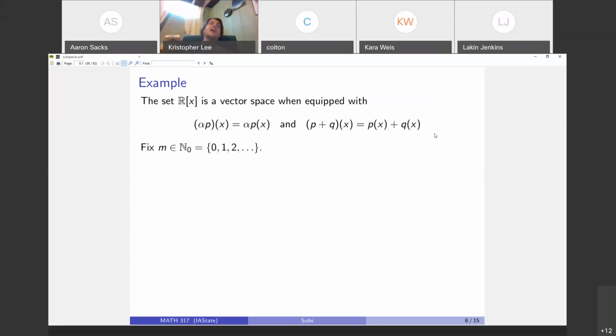Now, let's fix a number m that is an integer, 0, 1, 2, 3, and so on. In other words, the natural numbers including 0. We'll define R sub m of x to be the polynomials that all have degree less than or equal to m.